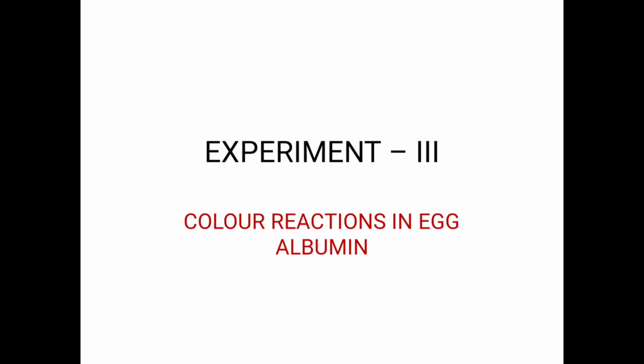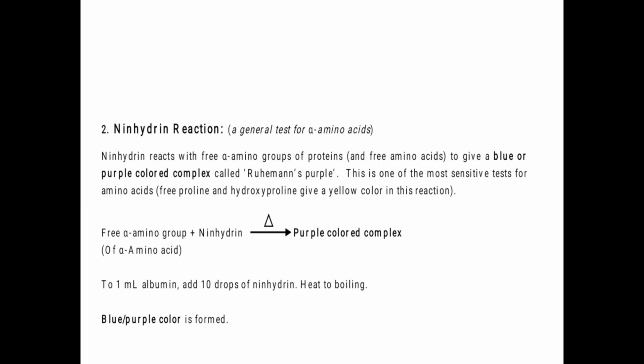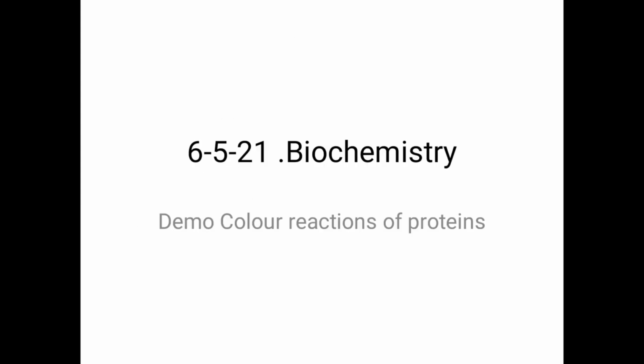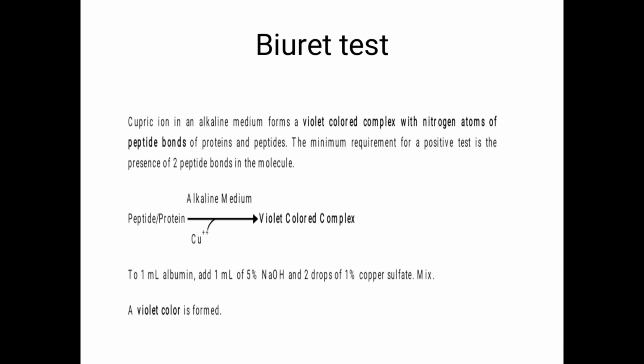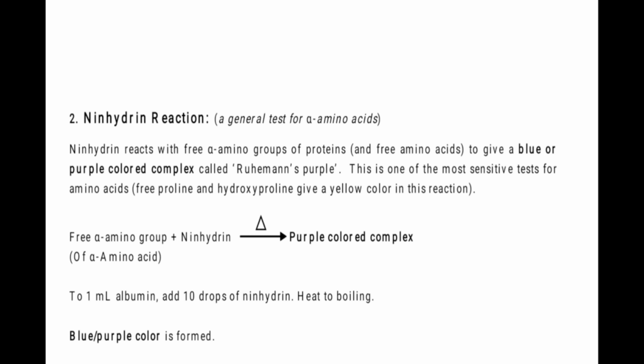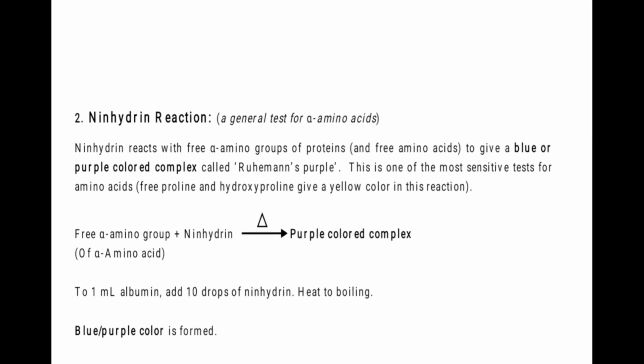So what are the tests we discussed here? There are some more tests, even the Molisch test for glycoproteins, carbohydrate containing proteins. But only bother about these tests. Biuret test is the general test for proteins, like Molisch test is the general test for carbohydrates. Ninhydrin is for alpha amino acids, we get blue or purple color.